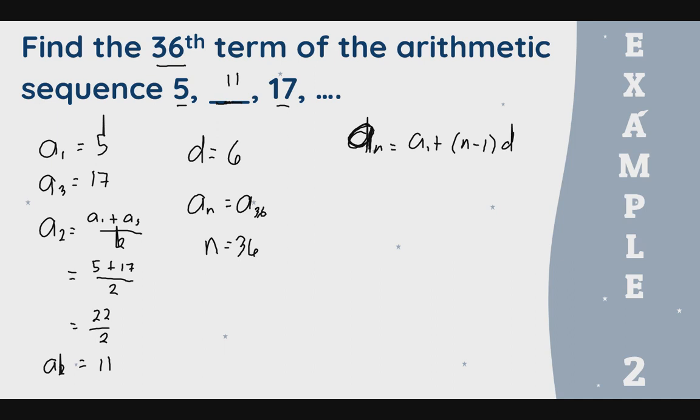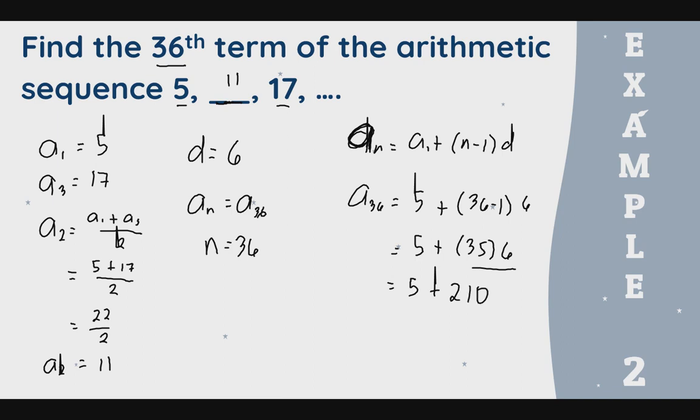Now, let us substitute into our formula. A sub 36 is equal to a sub 1, which is 5, plus n, which is 36, minus 1, times the common difference, which is 6. So, a sub 36 is equal to 5 plus 36 minus 1, which is 35, times 6, which is 210.